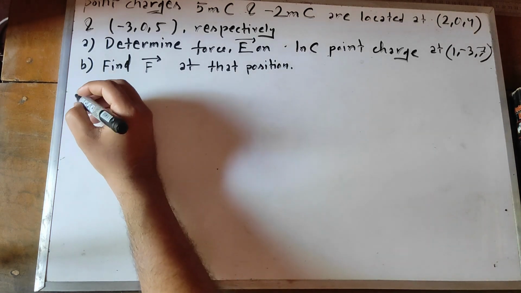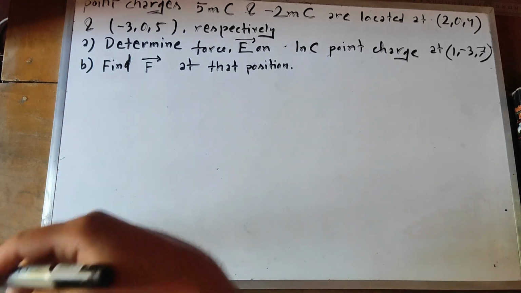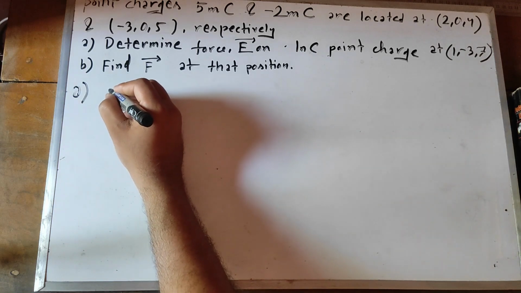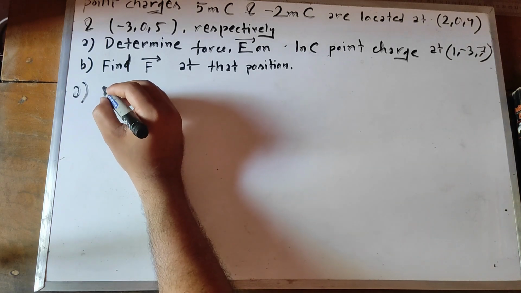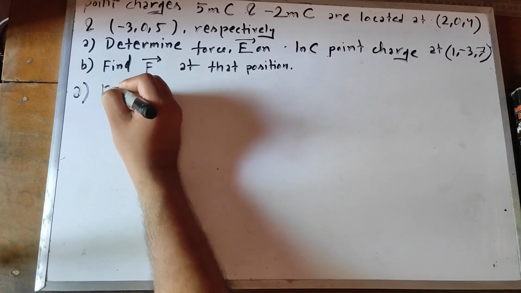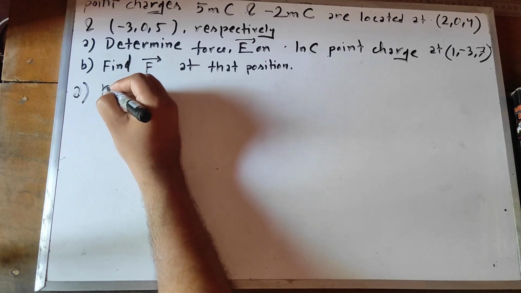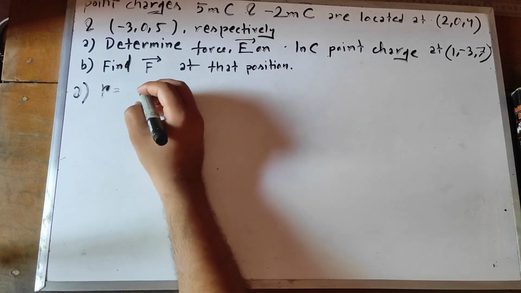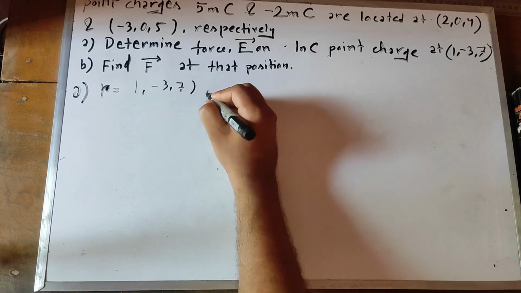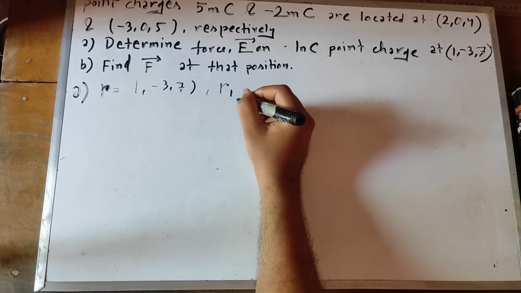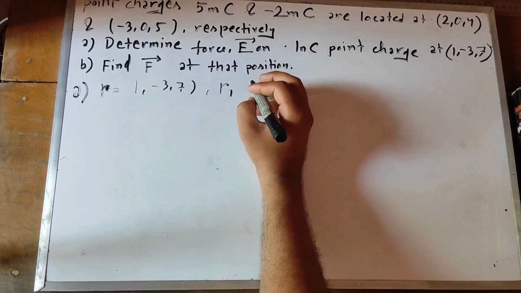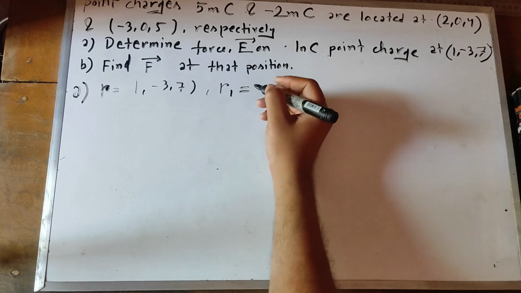Okay, so let us first find the electric field intensity at this point. First let us calculate the distance. So our given r is 1 3 7. r1 is the position of the point charge 5 millicoulomb.